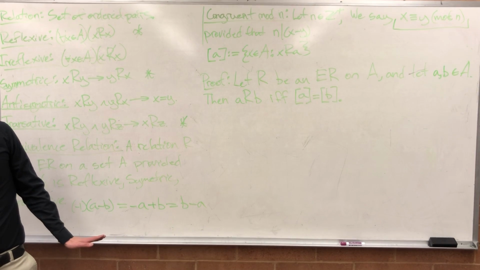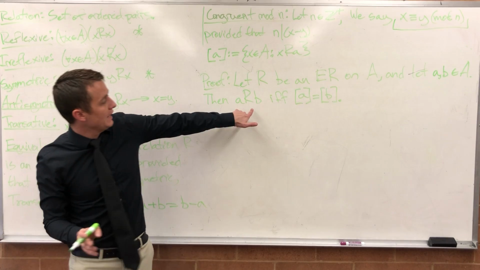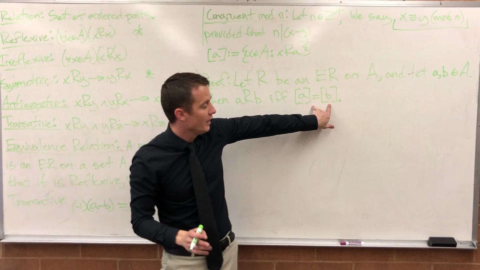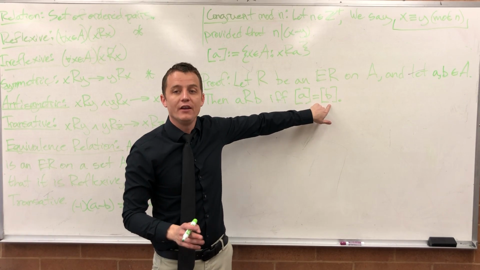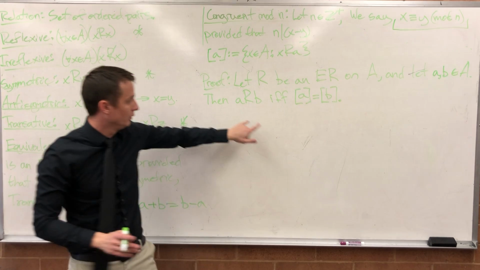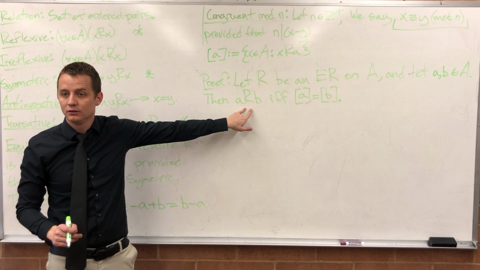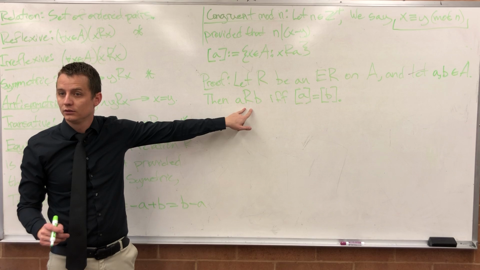So we've got to do an if and only if proof here. We've got to show that if a is related to b, then these classes are equal. And then we've got to show that if these classes are equal, then a is related to b. Right?